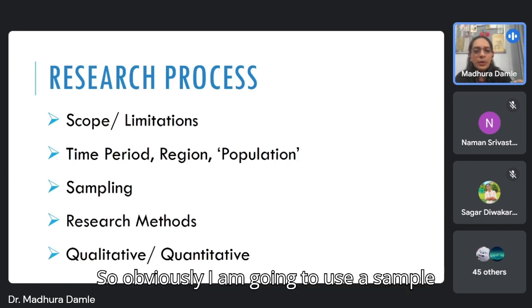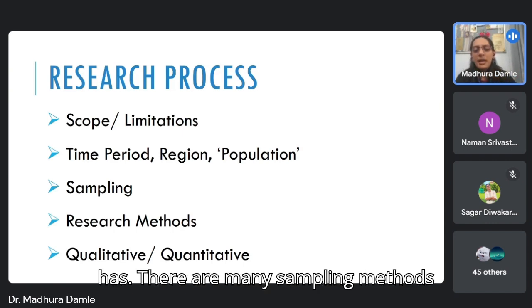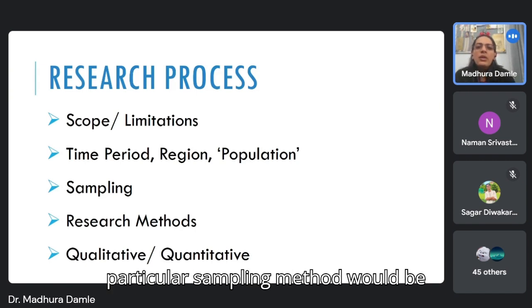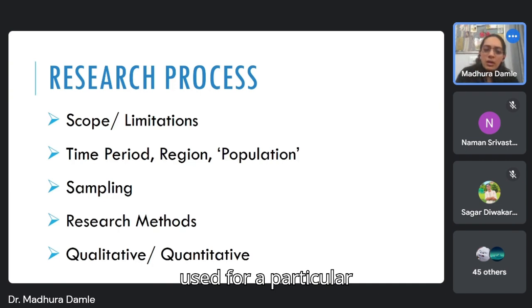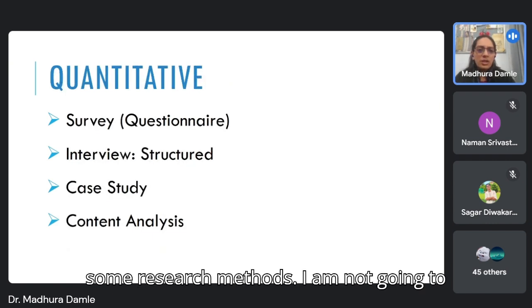So obviously, I'm going to use a sample of that community. There are many sampling methods. In the methodology part, a researcher also has to explain why a particular sampling method would be used for a particular research.